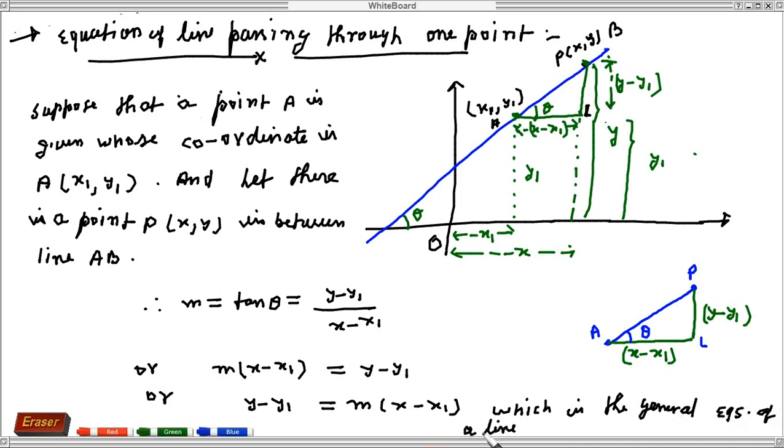That's all about the video, which is related to the line.